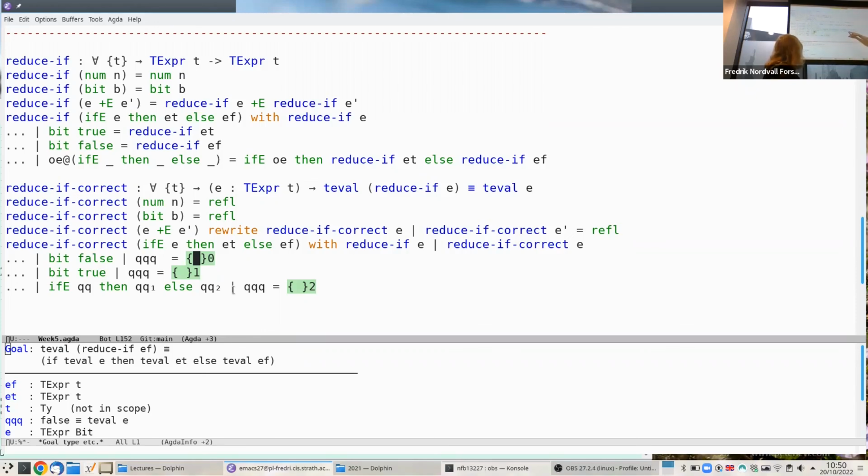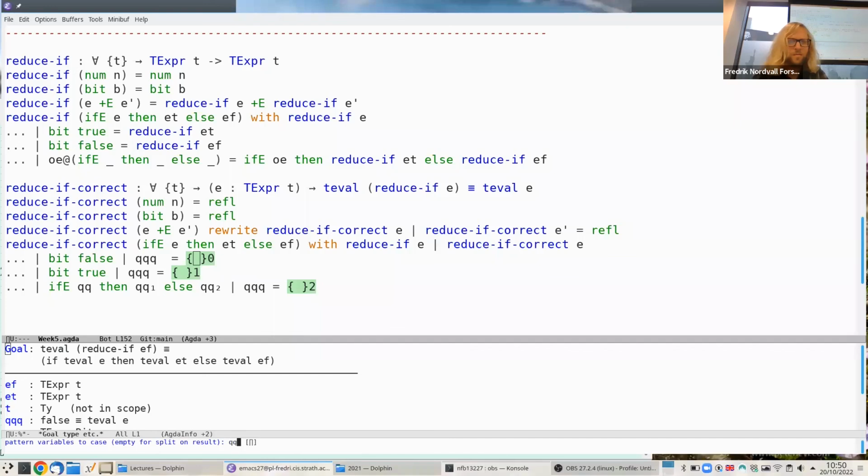And it can find it in the type of this thing. So that means now down here, we've actually replaced it with false in this case, right? And so we've held on to the information about that reduce if E. The trouble was that we didn't remember the equation.